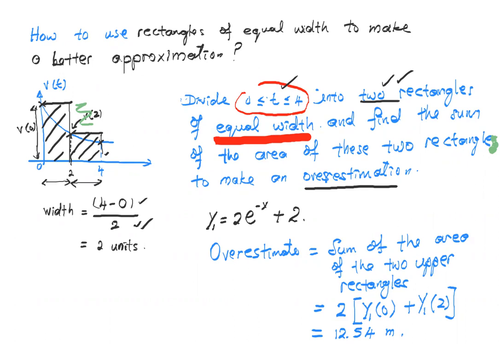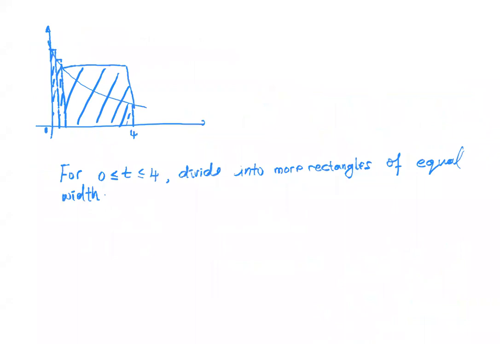The word equal width very important. So this statement must be exactly like that. If you miss out one of it, your 1 mark gone. That is called don't chase after the mark, let the mark chase after you. You must state the interval. You must say equal width. You must say more rectangles. You don't want to give me the number, it's fine.